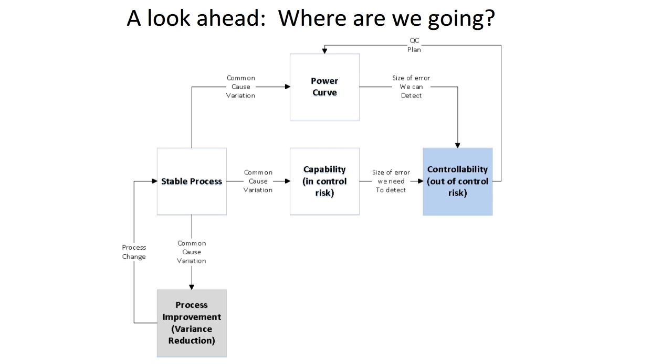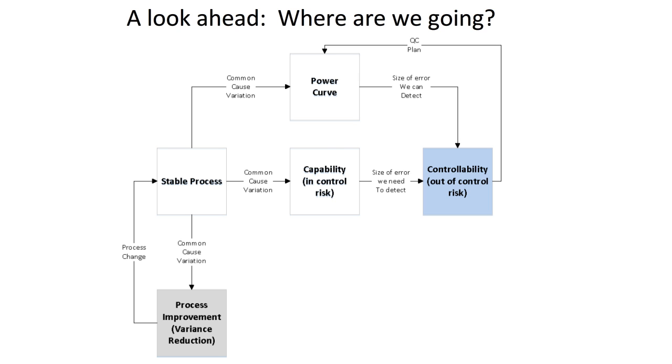So once the process is capable, we can then ask, will we be able to detect a change when the process goes out of control? So we evaluate risk in 2 conditions: when the process is in control, and that's capability, and out of control, when we look at QC plans to guarantee that we can detect a shift that would produce unacceptable results. And the final step is to improve the process.